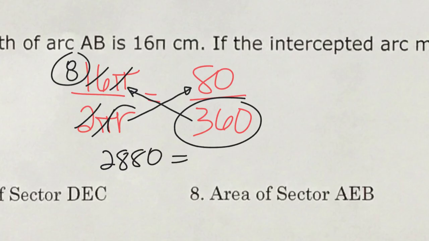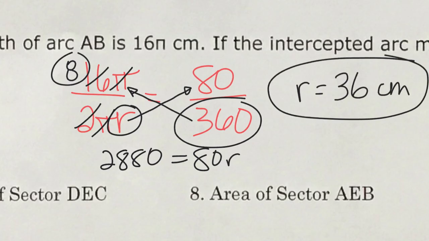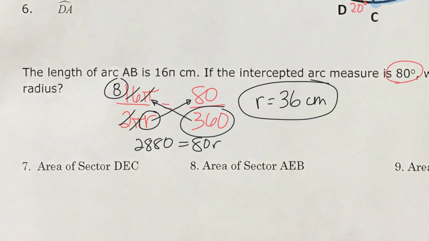And then 80 times r, well, that's just 80r. So divide 2880 by 80, and we get exactly 36. So this circle has a radius of 36 centimeters.